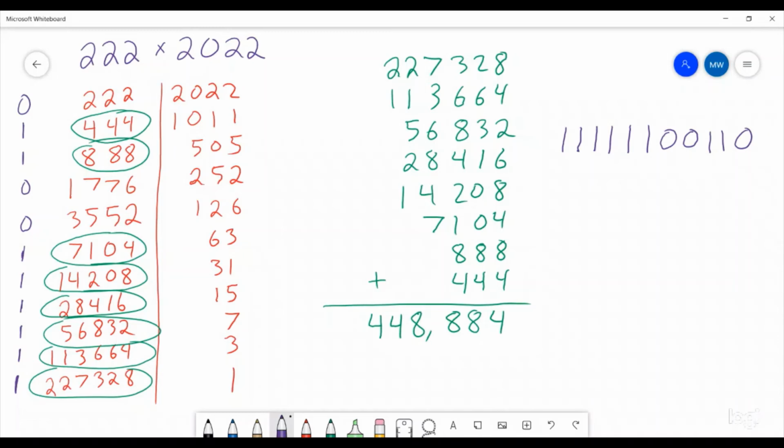If we write this number, this is the binary form of 2022. So what we've actually done is we've broken this problem down into multiplication by binary.